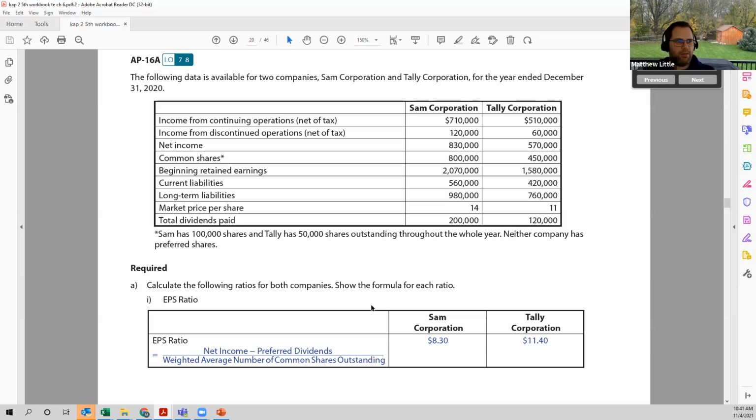So we'll look at net income, subtract preferred dividends, which we don't have because we don't have preferred shares, divided by the weighted average number of shares outstanding. Net income of 830 divided by the 100,000 is $8.30, versus 570 divided by 50,000 is $11.40.